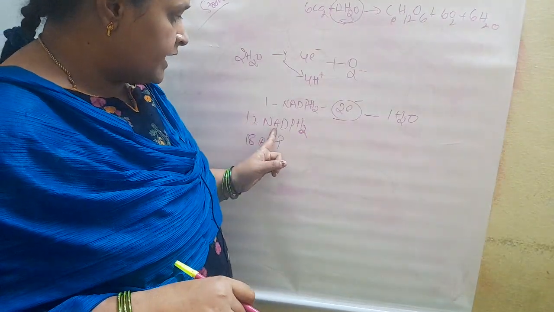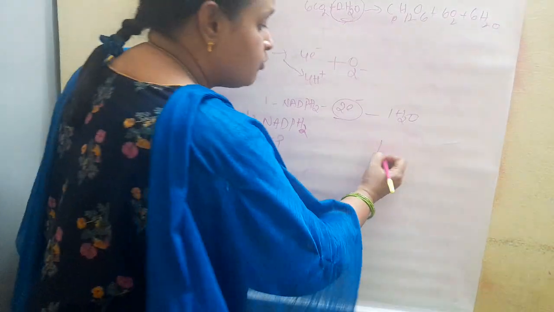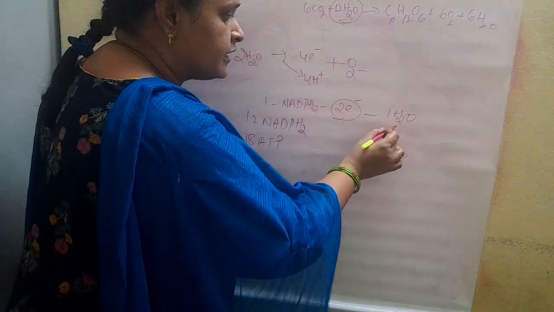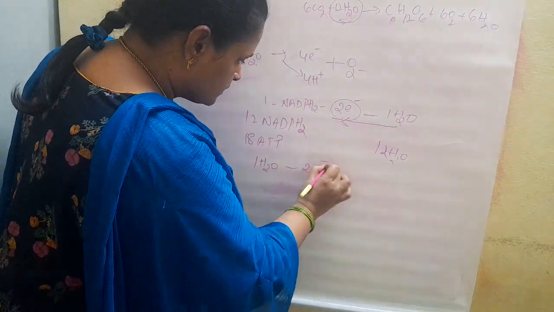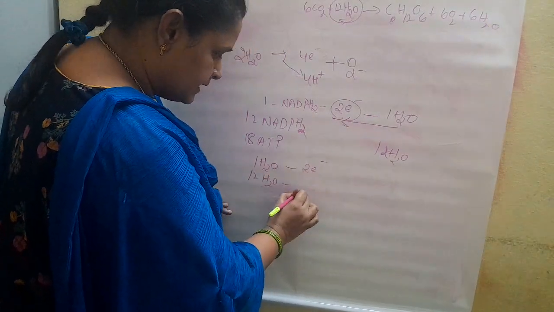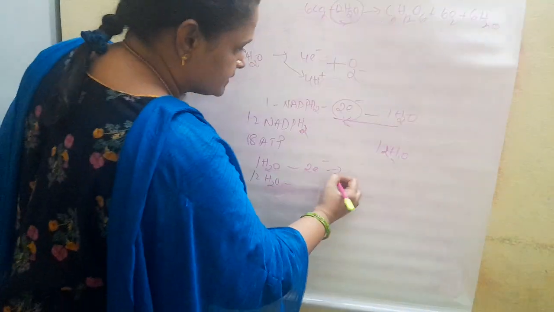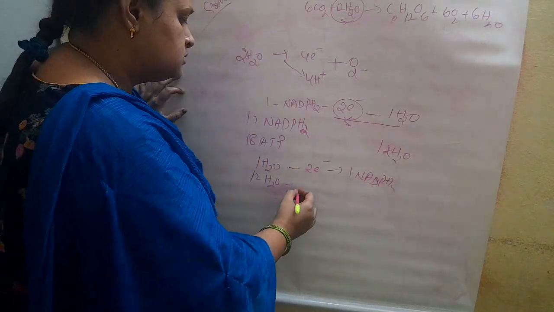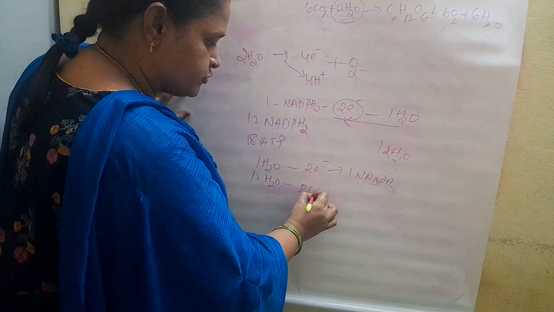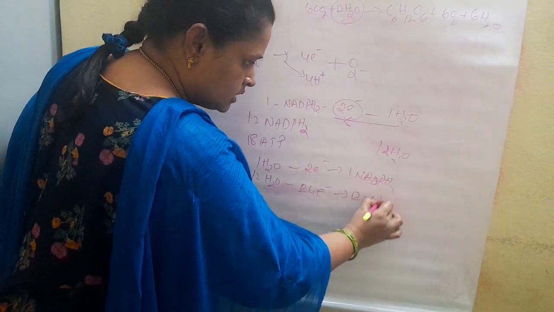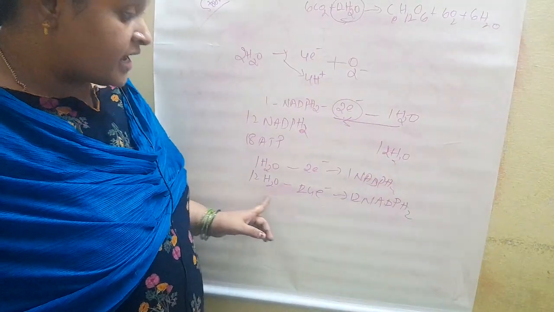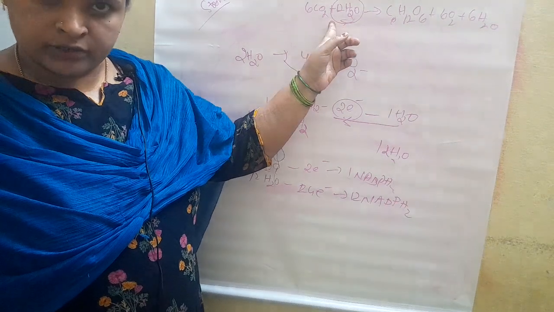For generation of 12 NADPH2, it requires 12 water molecules, because one water molecule releases 2 electrons. So 12 water molecules release 24 electrons which synthesize 12 NADPH2. That's why it is 12 water molecules.